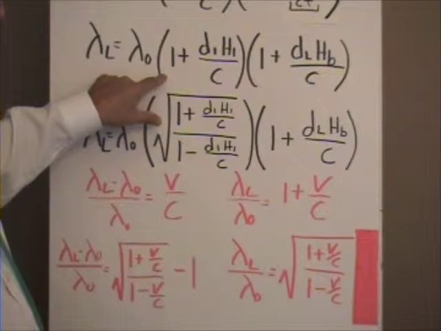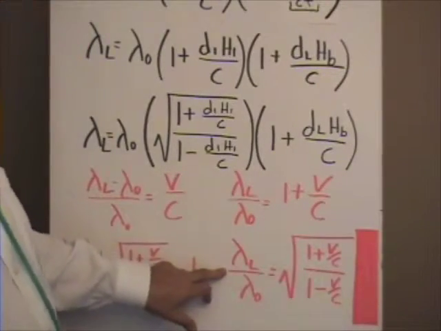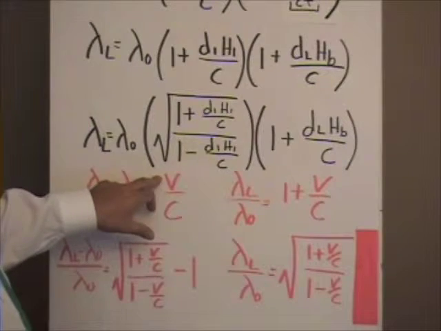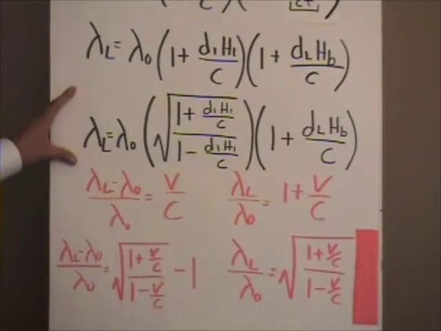So all we have to do is replace this by the relativistic formula, which looks like that. So this is the relativistic first principles non-compounding formula.